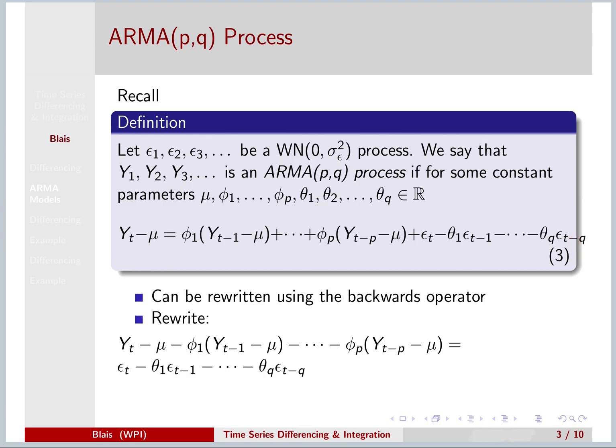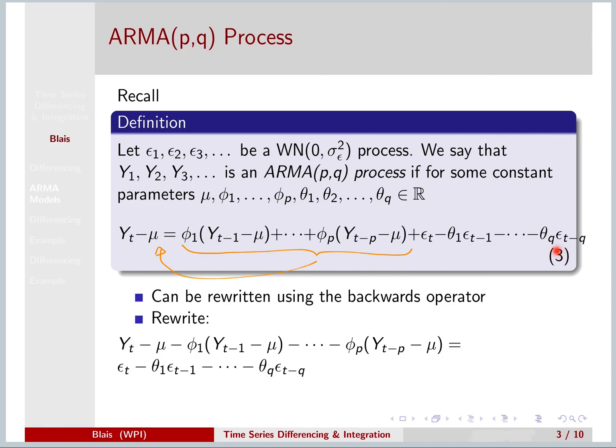We can rewrite this using our backwards operator. So first, let's take this equation 3 and just rearrange it. Let's bring all of these terms for the autoregressive piece over to the left-hand side of the equation. That gives us this here.